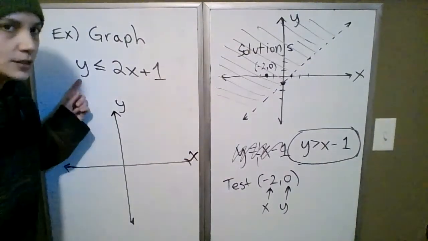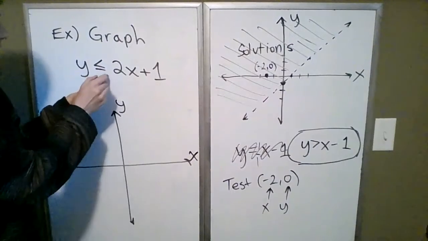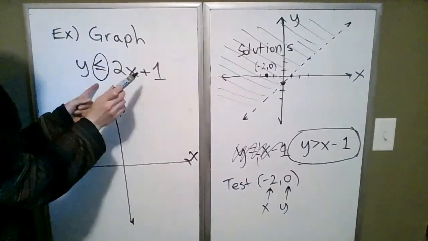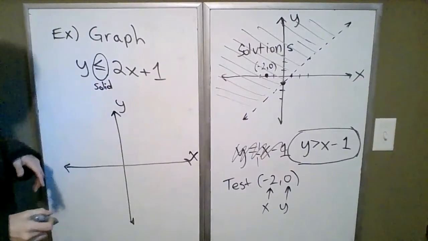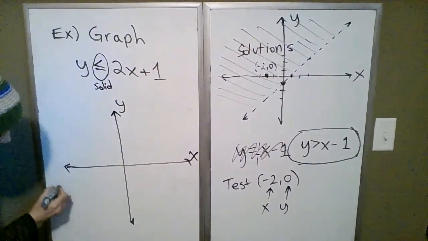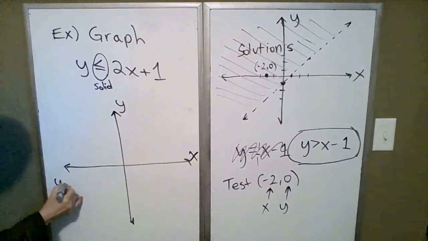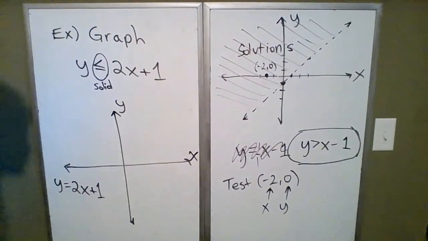Then to get started, I replace this with an equal sign, and it's also going to be solid when I actually put the line down. Okay, so I want to draw y equals 2x plus 1 as a solid line.